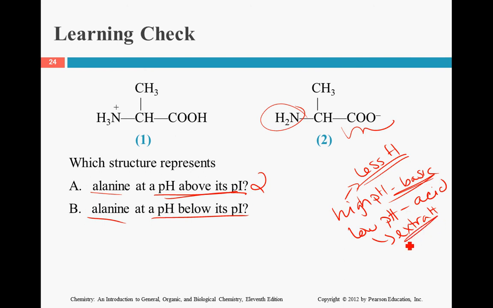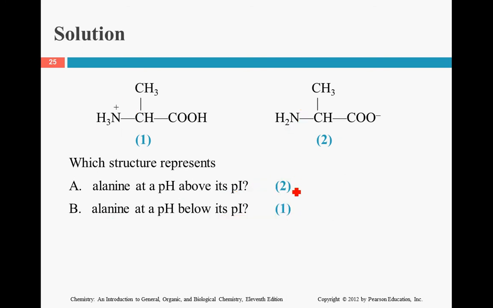For extra hydrogens, that means the carboxylic acid will not give up its hydrogen because there's too many floating around anyways, but there's plenty for the NH2 to snag one. So for pH below, meaning it's acidic, it's going to be a positive one for number 1. And that's how they got the 2 and the 1 there.